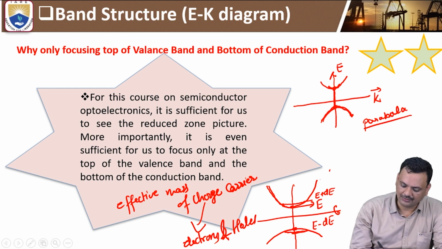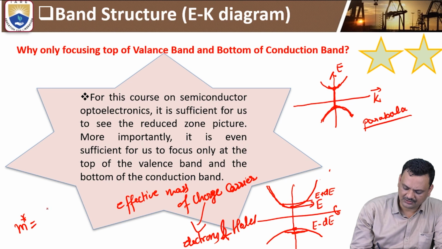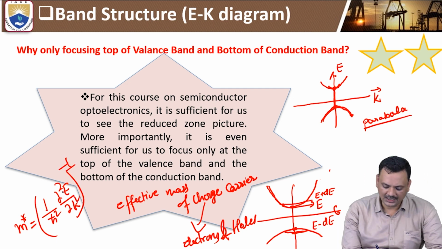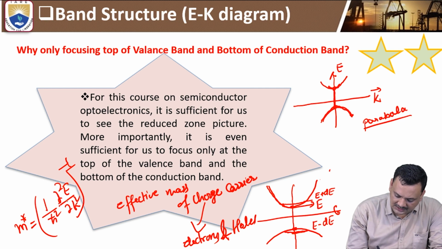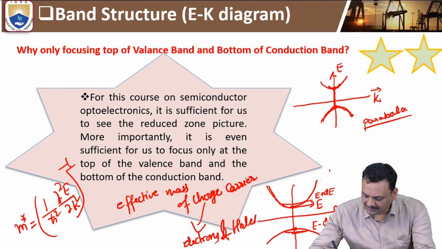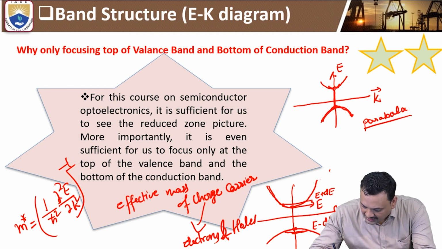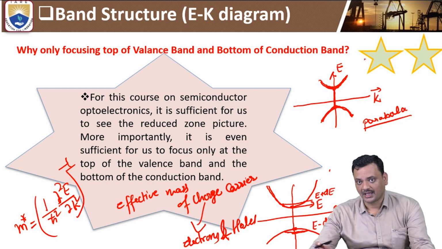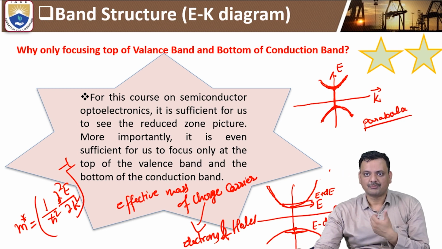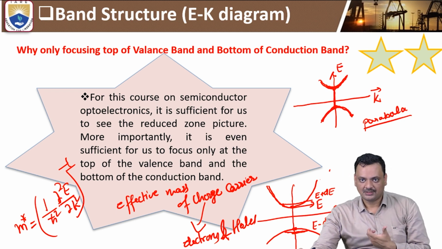There is one formula: m star is equal to h cross square divided by the second derivative of E with respect to K, inverted. So what is this? This is the second order derivative of the E curve, energy with respect to K, the wave vector.